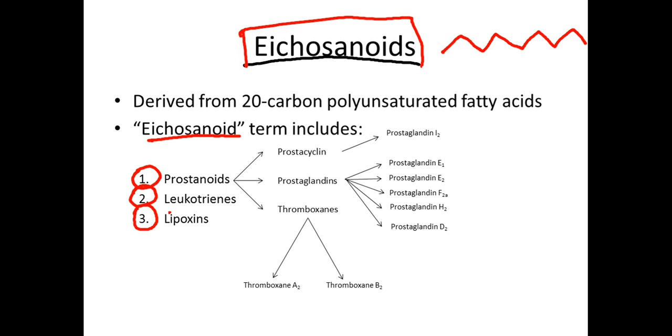If somebody says they're talking about a leukotriene, they're talking about a 20 carbon polyunsaturated fatty acid that's been modified, while a prostanoid is also a 20 carbon polyunsaturated fatty acid. However, they have different functions within the body.